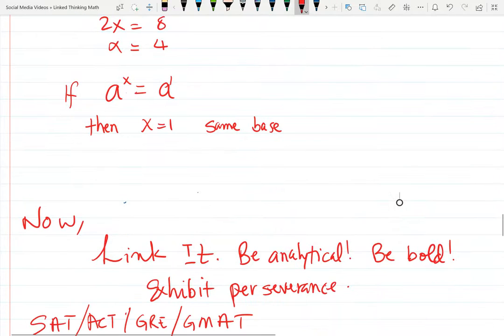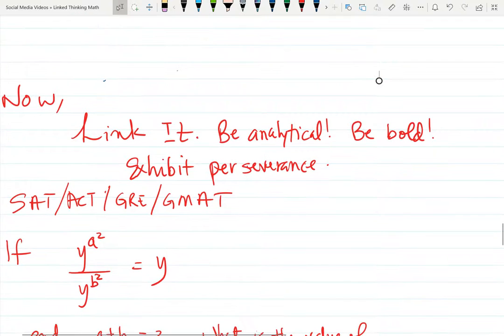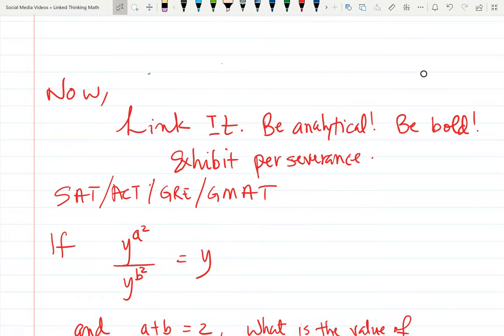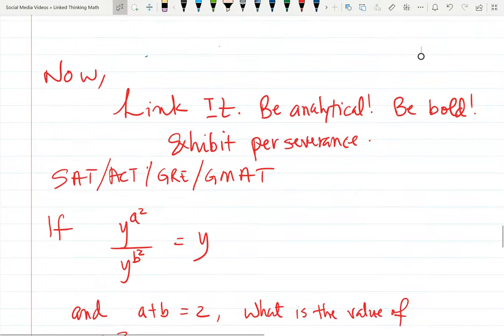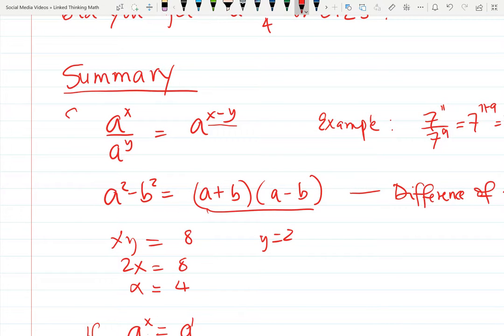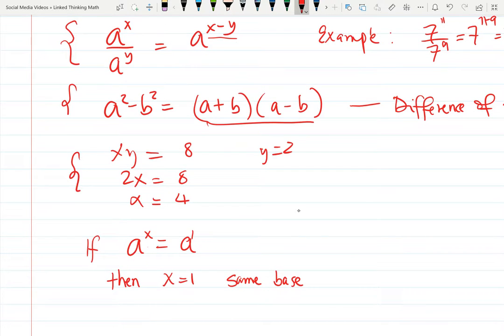Now, review everything I've done here, and I say now link it. Be analytical, be bold, and exhibit perseverance. What I've seen over and over is good students who make an A on this topic, they master it, and then they make an A on this topic, an A on that topic.